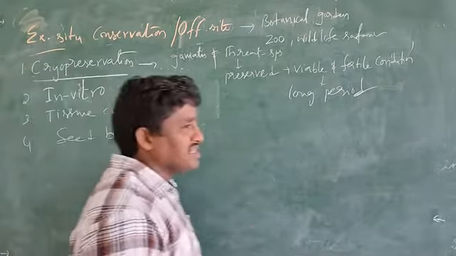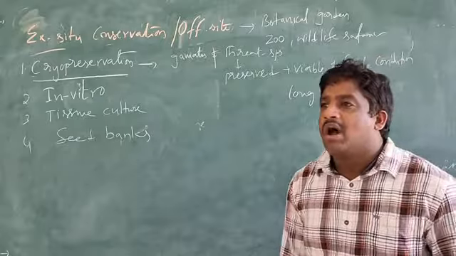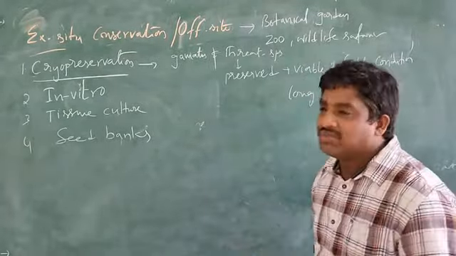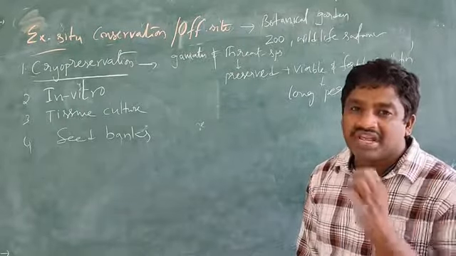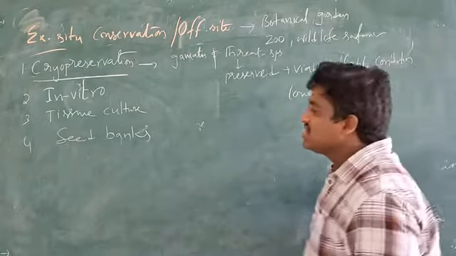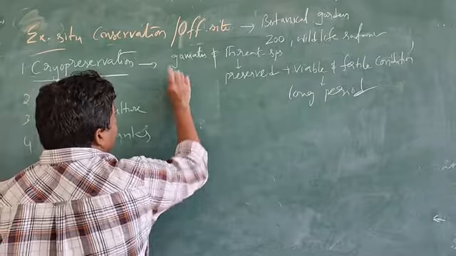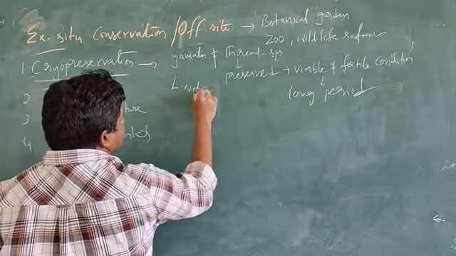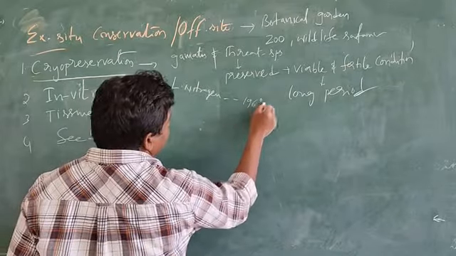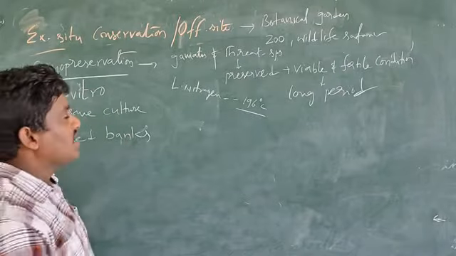What are gametes? In plants, gametes can mean anthers, pollen grains, ovules, or in animals ovum or sperms. All these we can preserve for a long period in liquid nitrogen at minus 196 degrees centigrade, around minus 190 degrees centigrade.